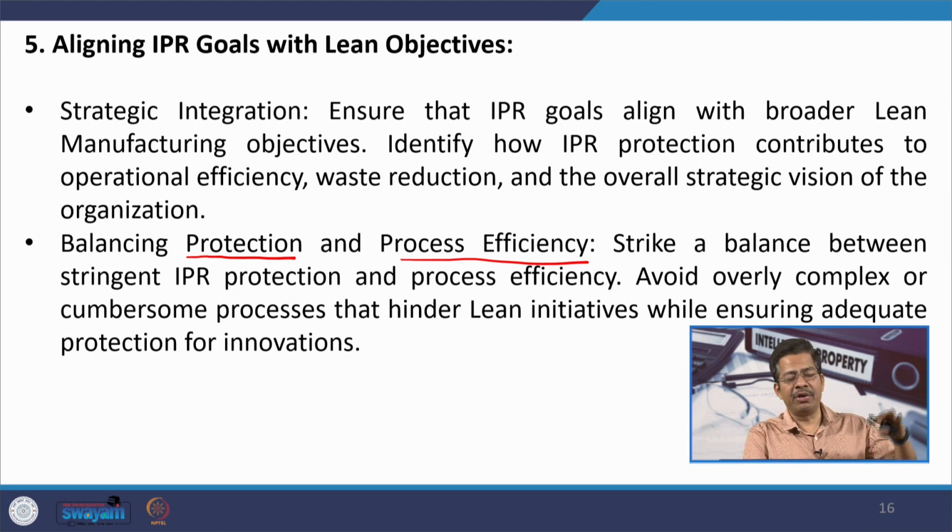So, many of your innovations you will not protect under the IPR regime, and maybe you will find that you have become very efficient, but at the end of the day you see that out of 50 innovations, you are protecting only 5. So, there has to be a balance between protection and efficiency.